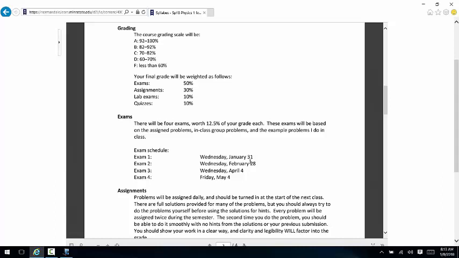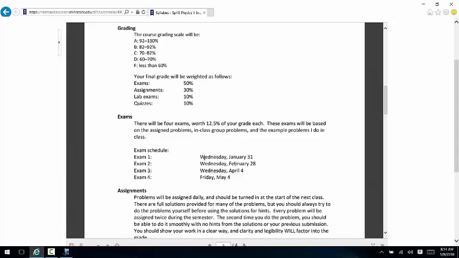So I know that all that stuff makes it harder to do makeups, but this is the starting schedule for the exams. If you would, look at your schedules as soon as you can, and if you can't make it to one of these exams, just let me know as soon as possible. I can be flexible with you guys.